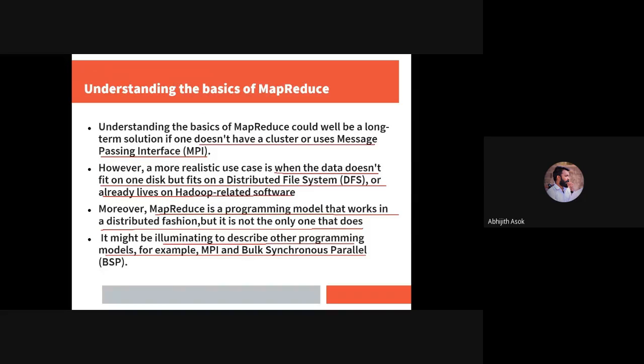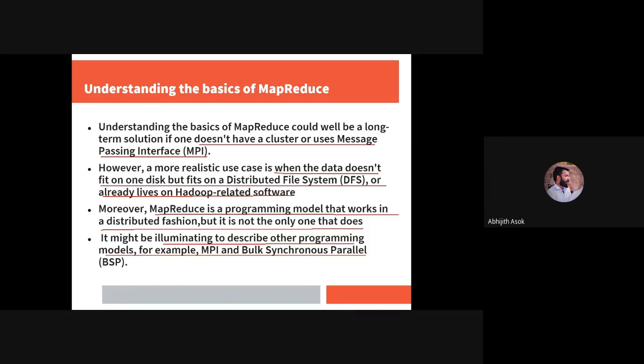Understanding the basics of MapReduce. It doesn't need a cluster, or it uses a message passing interface. However, a more realistic use case is when the data doesn't fit on one disk but fits on a distributed file system, or already lives on Hadoop-related software.